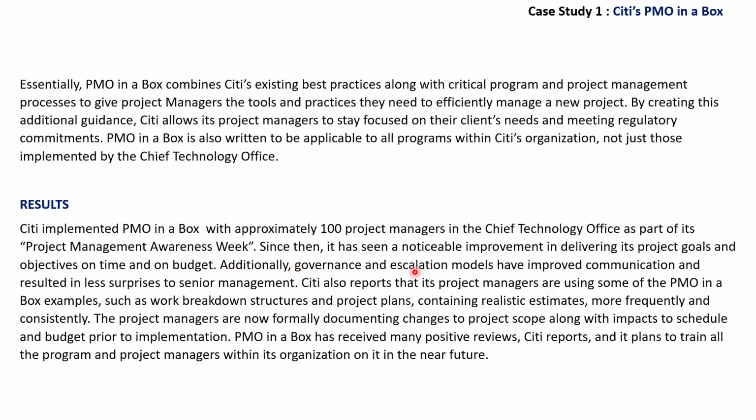Additionally, governance and escalation models have improved communication. Likewise, they had some training sessions to make everybody aware of how to use the manual as well. So with that, they were able to overcome most of the issues they faced earlier, right?